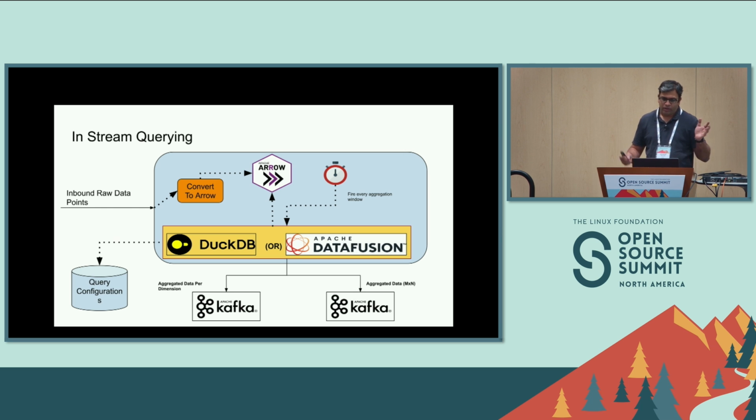This is a schematic of how in-stream querying will work. You can imagine a process space. Data points are coming in, converted into an Arrow schema. This setup works only with predefined queries, which means that you already know what queries you are executing.